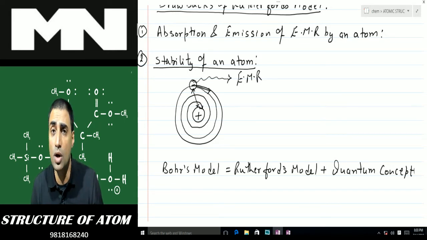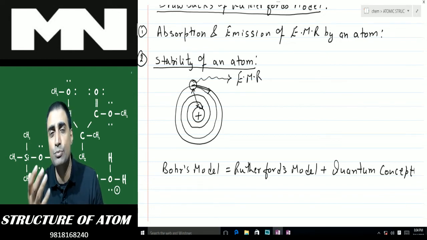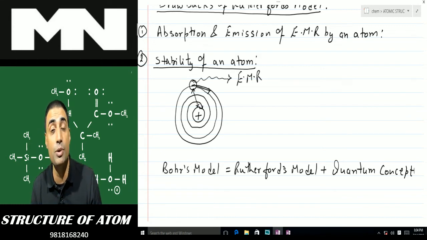Because all electromagnetic radiation is made up of packets of energy, and those packets of energy are known as quanta. Now suppose the energy of one packet is x joule. So a body can absorb x joule, 2x joule, 3x joule, 4x joule, 5x joule. If we think that a body can absorb 1.5x joules, that is not possible. Either 1x or 2x or 3x, no fractions.